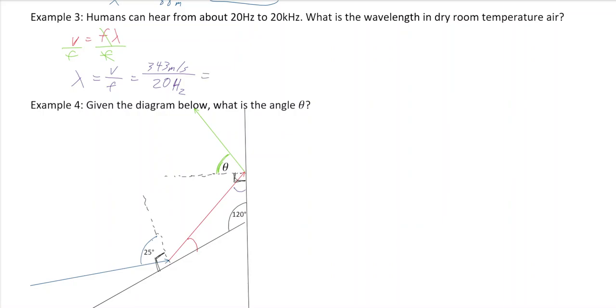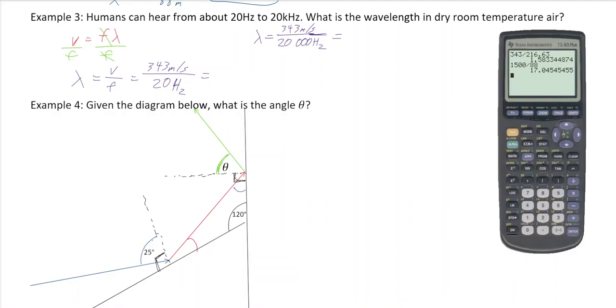So this is going to be our one answer, but we're going to have to do that again for 20 kilohertz. Which is going to be 20, and then if it's kilohertz, you times it by 1,000 to get the actual hertz. And so this question might be slightly more challenging than before. We have to do it twice. Divided by 20.